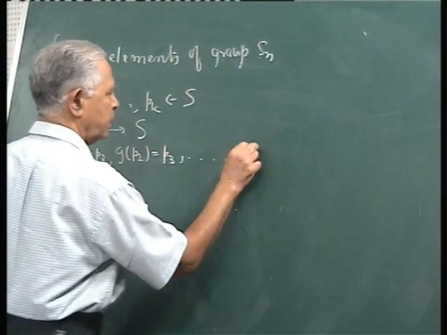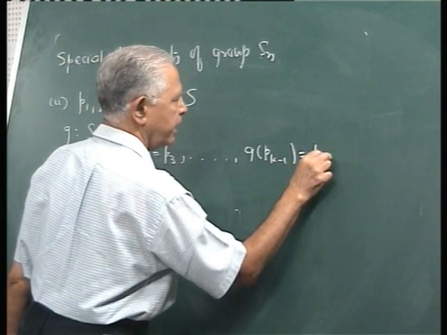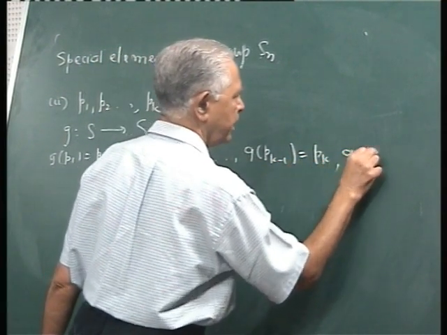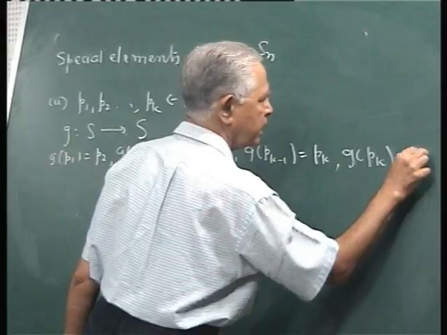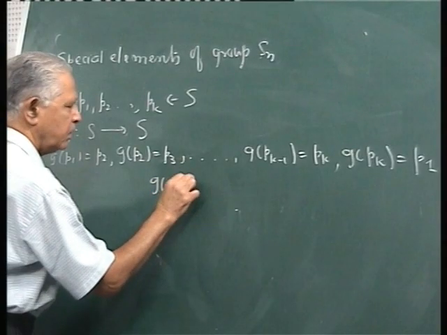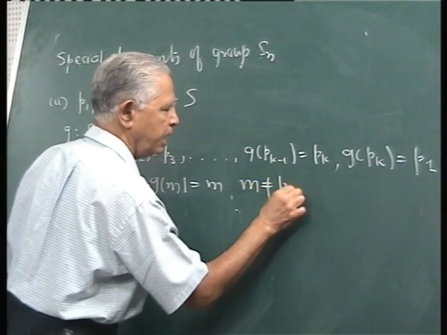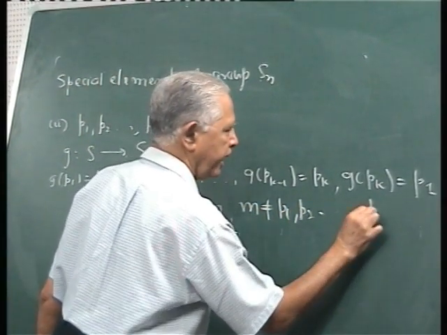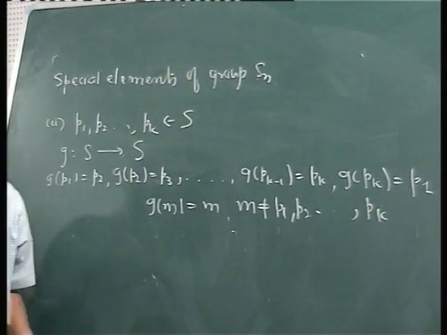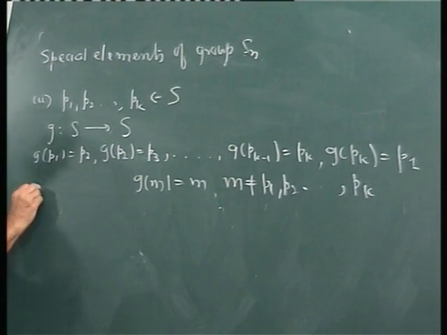Continue this way. G(p(k-1)) is equal to pk, G(pk) is equal to p1, and G(m) is equal to m for m different from p1, p2, ..., pk. Again we can see that this mapping is one-one and onto, and so G belongs to Sn.